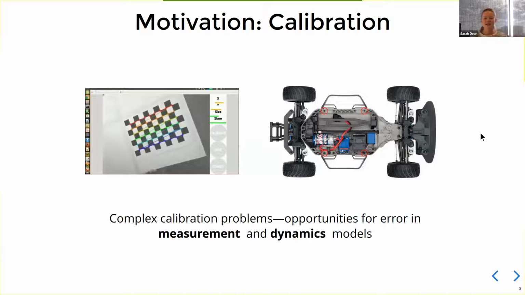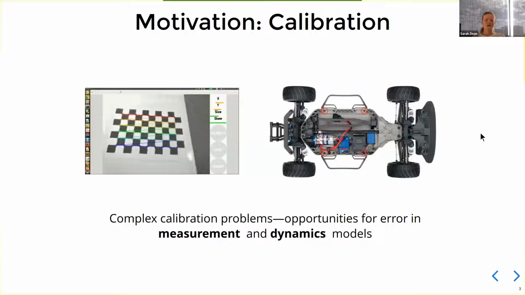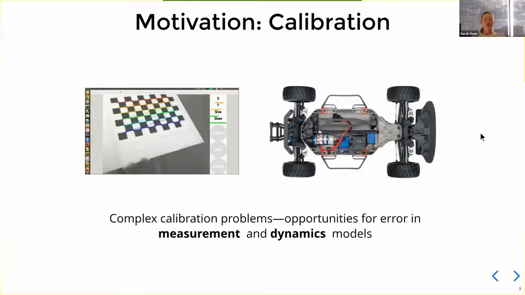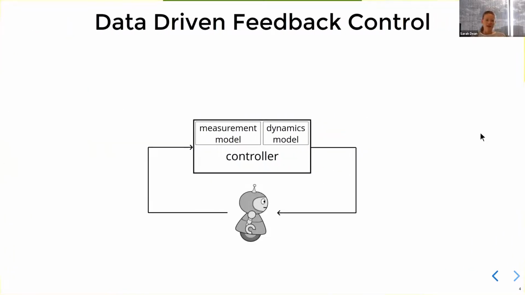And the fact that these calibration problems need to be solved means that there might be errors in the resulting measurement and dynamics models. So let's think about the setting of feedback control first. This is a way that we can build robots that are going to definitely guarantee the properties that we need them to.